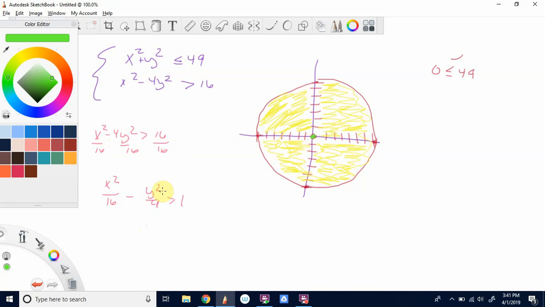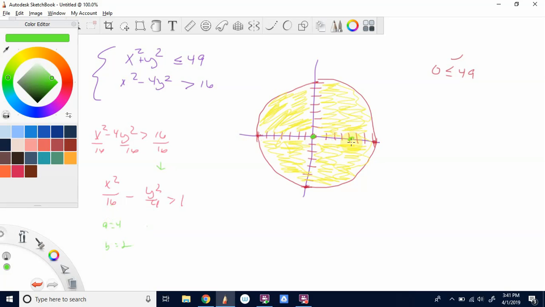Because the subtrahend is y and the minuend is x, I know it's going to be horizontal. Here is a square, so a is 4 and b is 2. So a is going to go horizontally 1, 2, 3, 4 units.